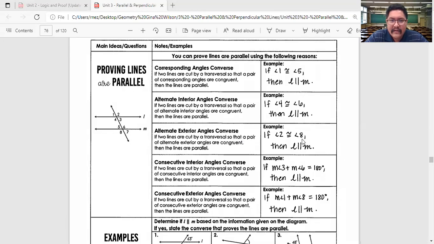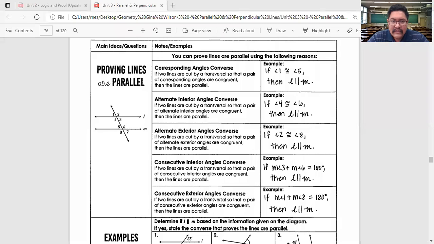But here we're specifically talking about 2 and 8. You have that big angle up here, and if we switch sides on the outside of the parallel lines, that would be 8. 1 and 7 are also a set of exterior angles. Okay, alternate exterior angles. So both of those would work out. That's another way that we could prove that L is parallel to M.